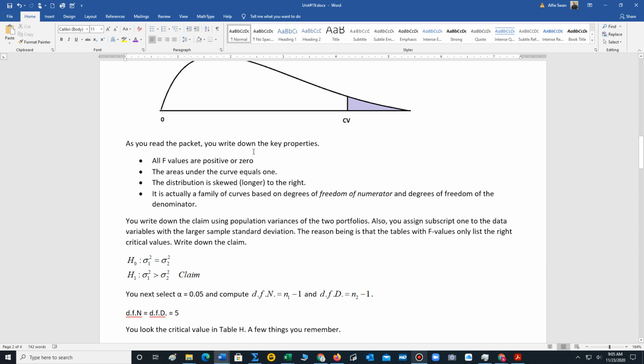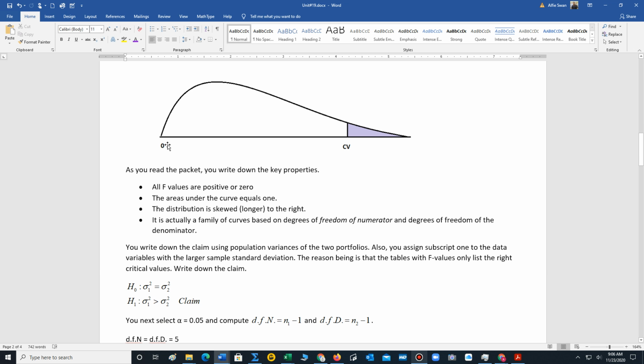As you read the packet, you write down the key properties. All F values are positive or zero. There are no negative F values. The area under the curve equals 1. So for any F distribution curve, the total area is 1.